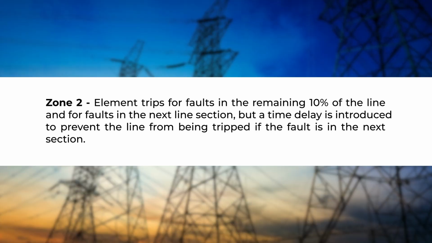Then zone 2 is set to cover the entire length of the protected line plus 20 to 50% of the next adjacent line. This zone provides backup protection in case of failure of primary protection. Usually zone 1 fails. It operates with a short time delay, typically 0.3 second to 0.5 second, to allow the zone 1 relay to clear the fault first.